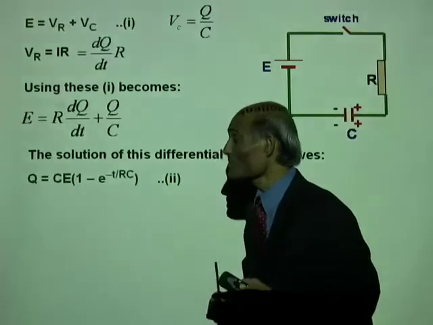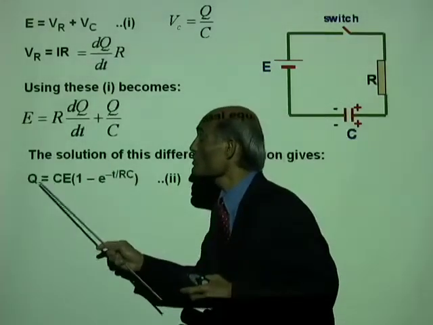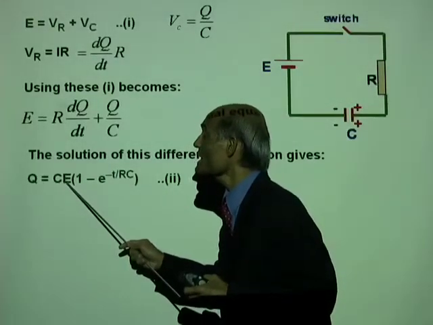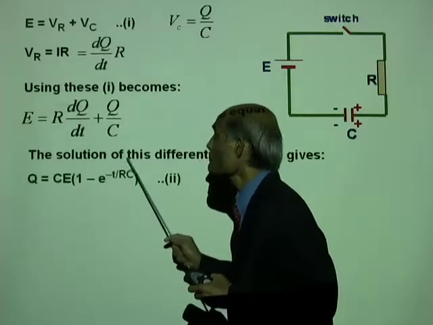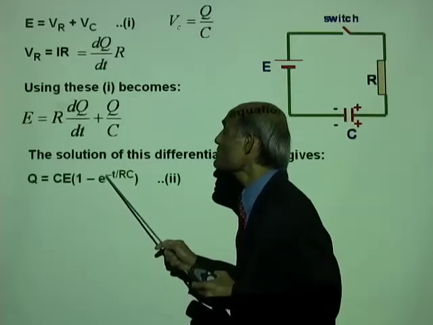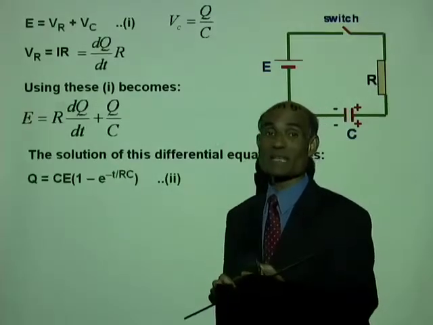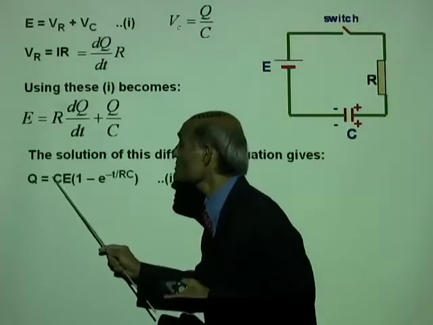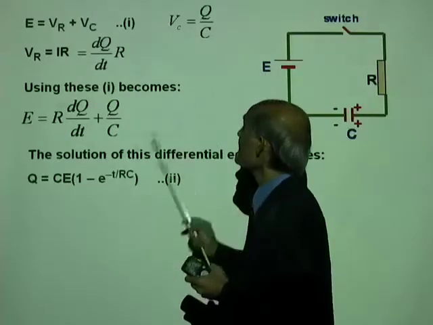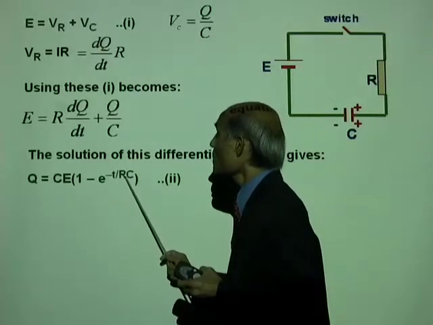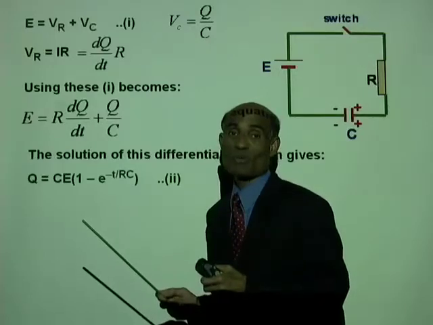This is the solution: Q equal to CE times 1 minus e to the power negative t over RC, where C is the capacitance, E is the EMF of the cell, R is the resistance, and so on.